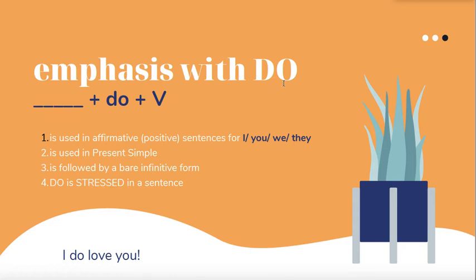So, the auxiliary verb do is used in affirmative sentences for I, you, we, they, in present simple. It is followed by a bare infinitive form, and I'm sure you noticed it is stressed in a sentence. I do love you.